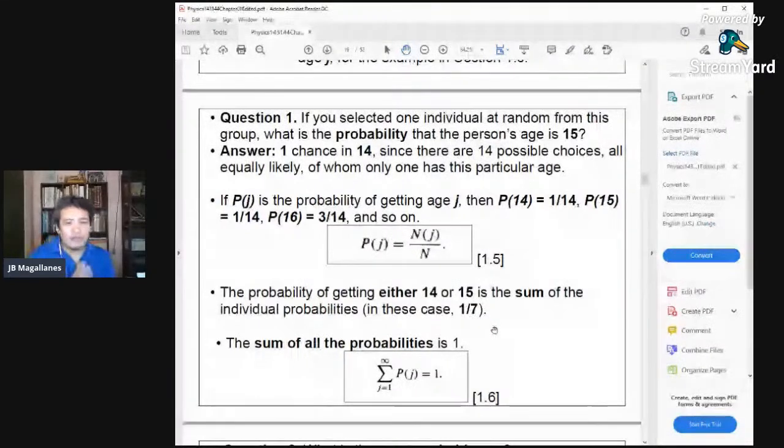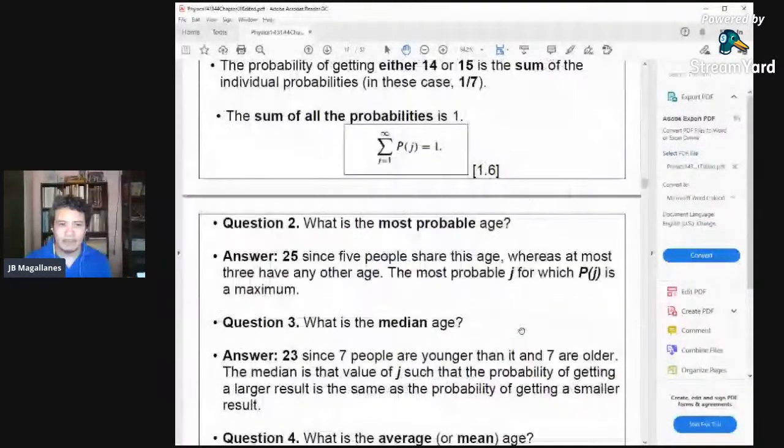The sum of all probabilities is equal to 1. You should remember this: the sum of all probabilities is always equal to 1.